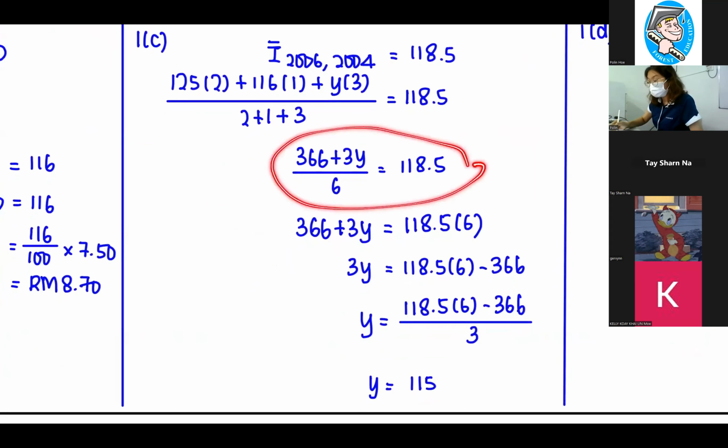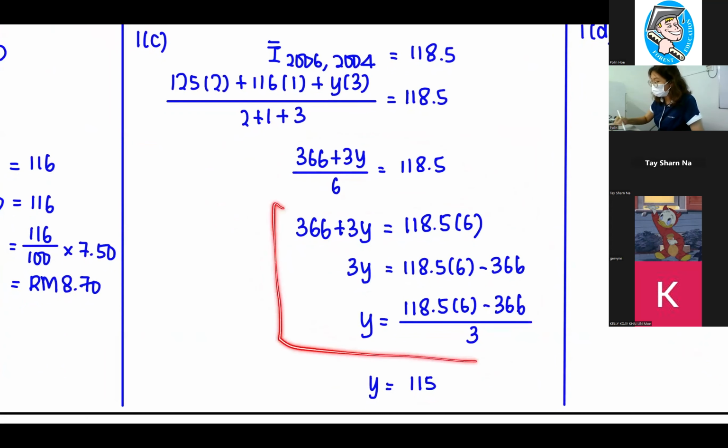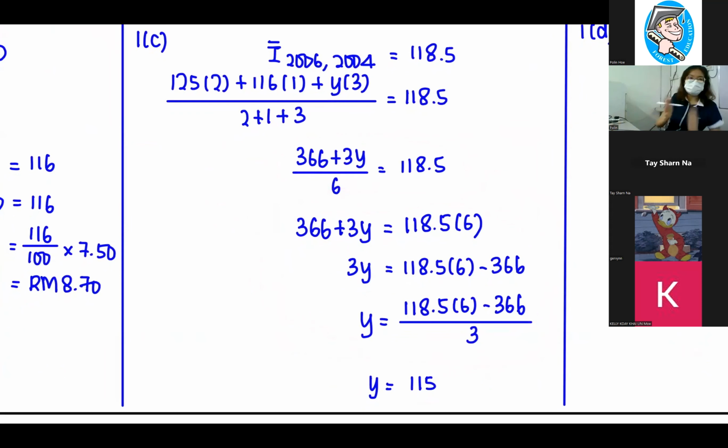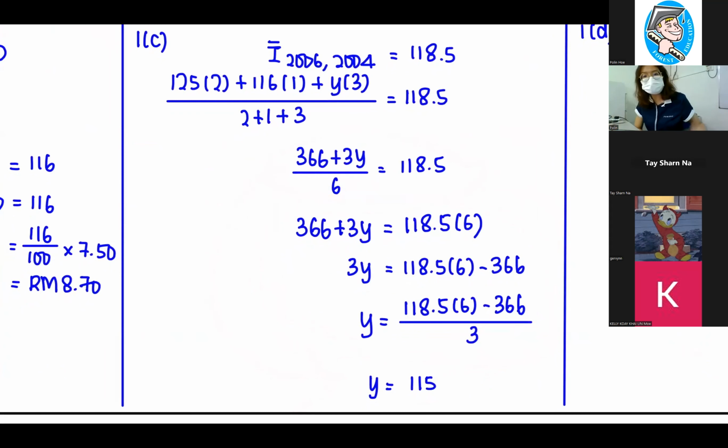After this line, straight away give me Y. These steps are to help your friends. After you write out this line, you can straight away give the answer. No need for step by step. In the exam, you don't have enough time, unless you don't know how to do every question, then you have a lot of time.